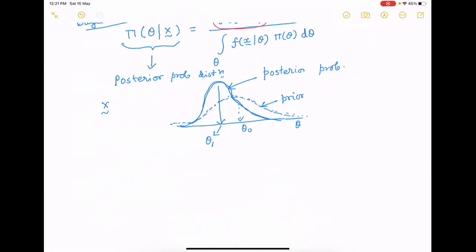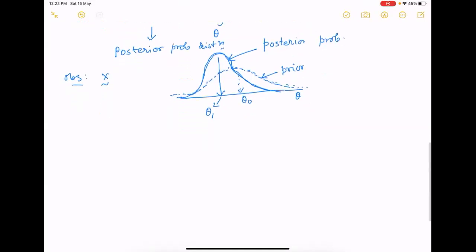At the end of the day, I need a value for theta. How can I get the value for theta? As soon as I get a posterior distribution, I can calculate the expected value of theta given x tilde, which is typically called the posterior mean.